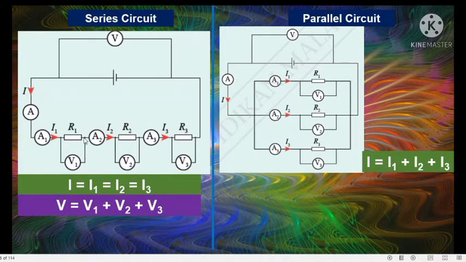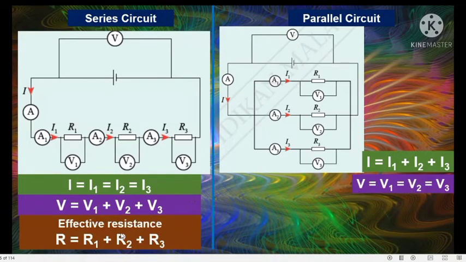This point to this point, then from this point to this point, and then from this point to this point. So in this case, the total voltage supplied equals V1 plus V2 plus V3. So in this type of circuit, current flows in one direction, thus all resistors experience the same current, but the resistors share the voltage.